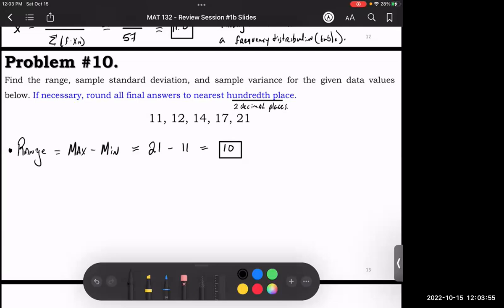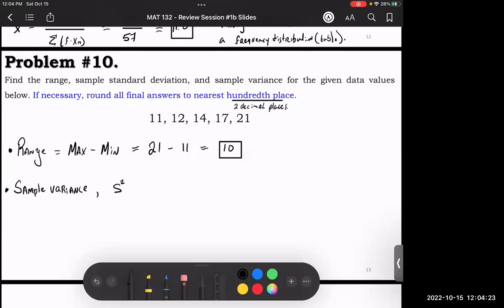We need to figure out the sample standard deviation, but we first figure out, in this order, the sample variance, then the sample standard deviation. The sample variance is usually denoted by the letter S, or S raised to the second power.